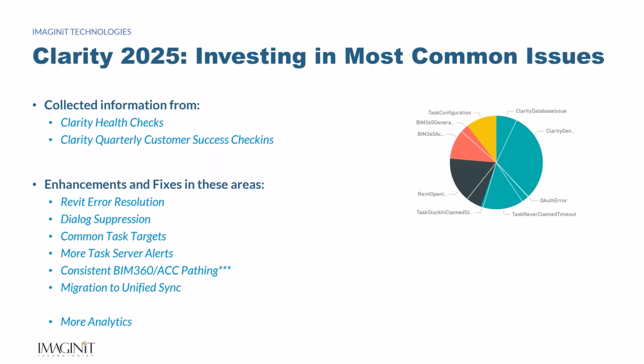We've enhanced Clarity to make it easier to get good results out of it. So that really spoke to a lot of the different enhancements in this particular area that we'll talk about that are in the 2025 release.